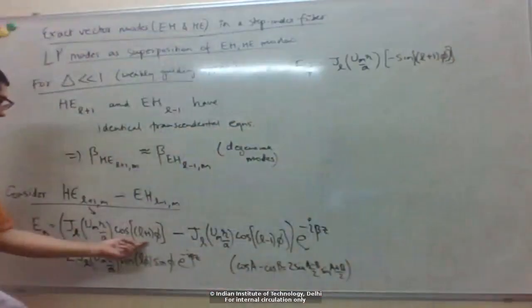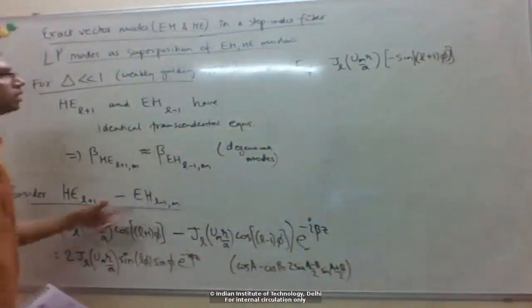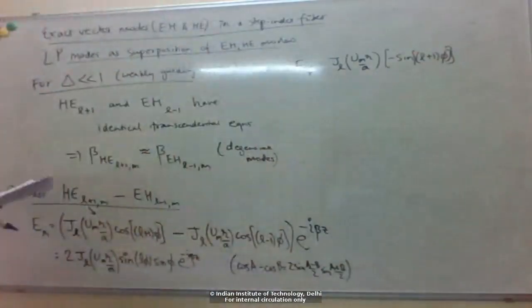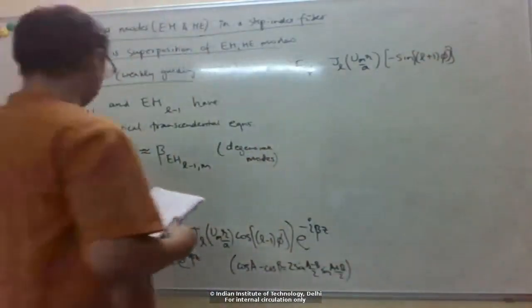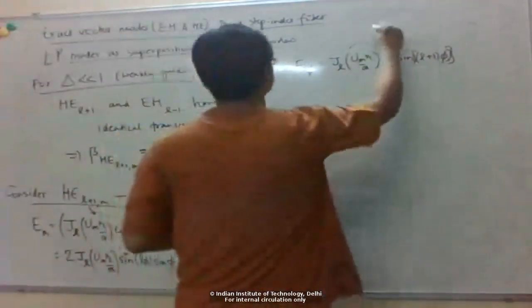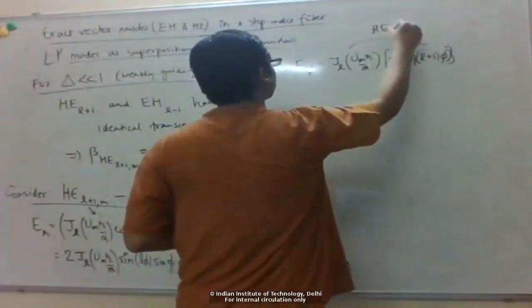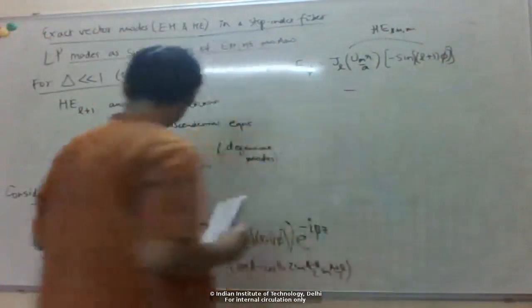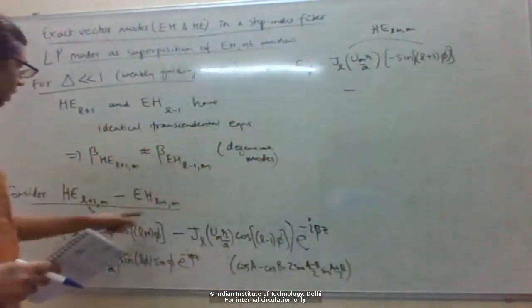If we took this cosine for the ER, then for the E phi we get a minus sign. So this is for the HE L plus 1 M. And now we subtract the EH.